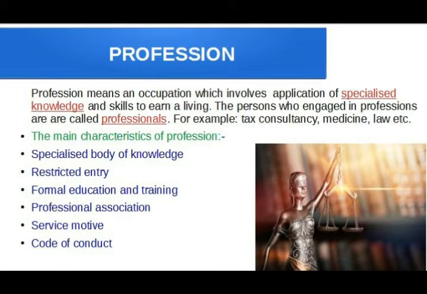Entry to a profession is allowed only to those who have completed the prescribed education and have passed the specified examination. Next one, formal education and training. A profession provides facilities for formal education and training to those who want to acquire professional qualification. So one must acquire the prescribed degree like CA, MBBS, LLB.